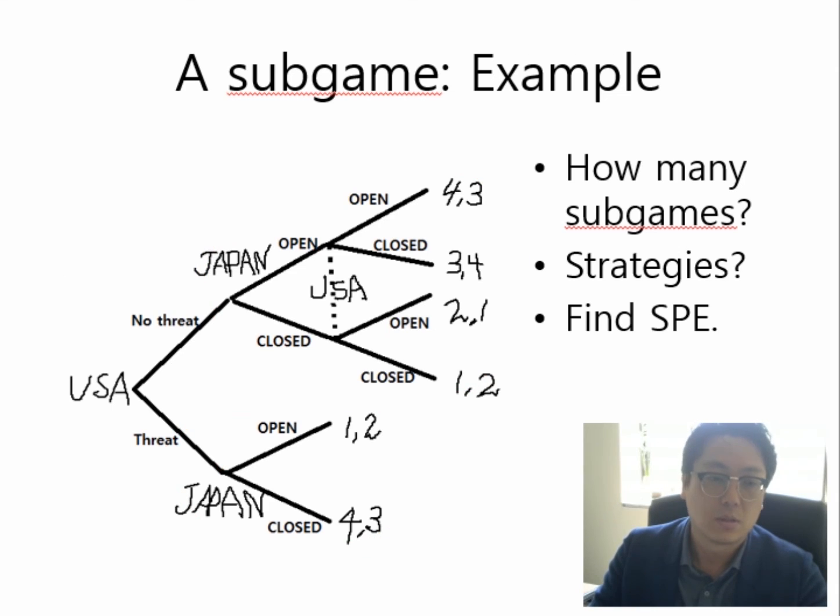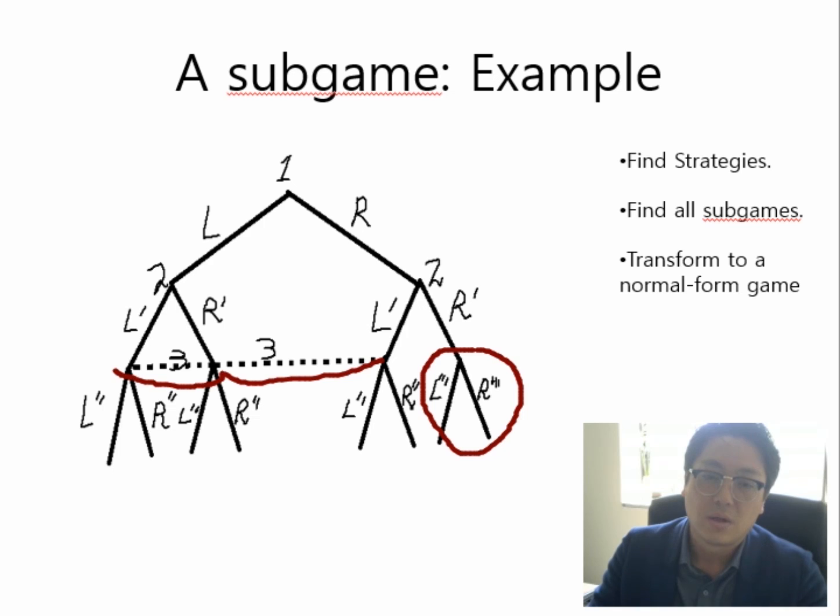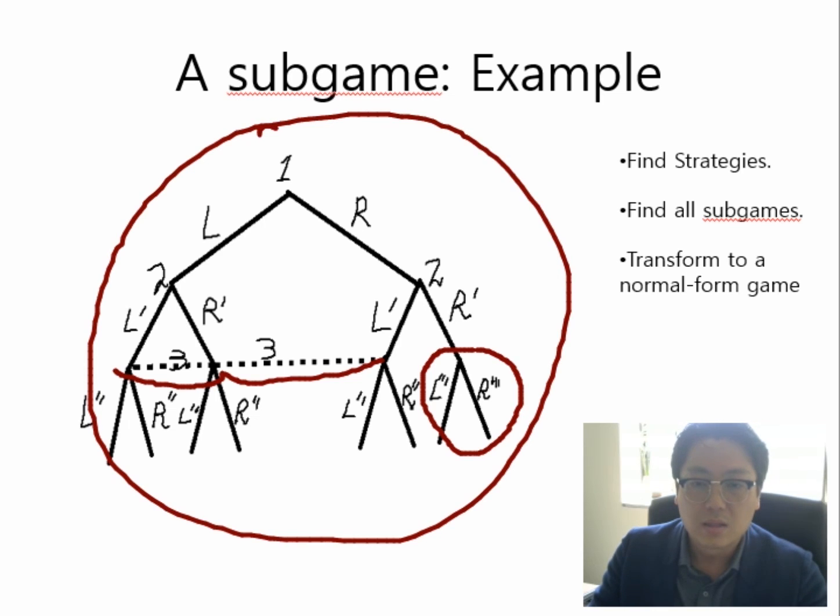How about this? Another one. How many subgames do we have here? Well, these nodes seem to be playable independently, right? However, the player cannot distinguish the 3, so actually here is 1, and this cannot be cut from the beginning, right?